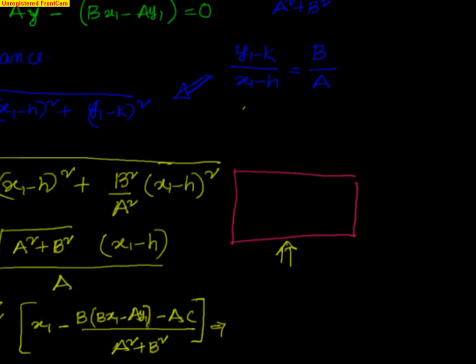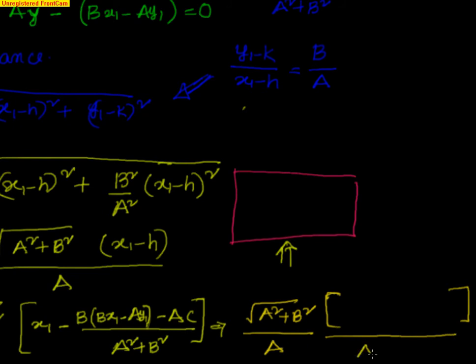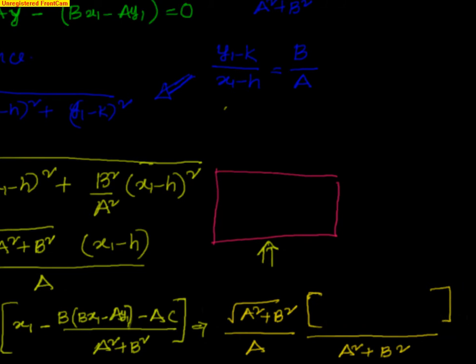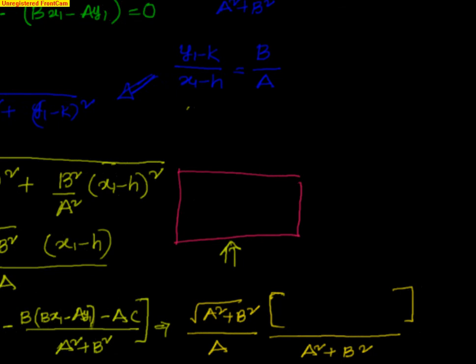So this is nothing but square root of a square plus b square by a into, I have to simplify this whole stuff here, and at the end I will be having a square plus b square, right? Now let us simplify this, right? Let us see what we are going to get here.